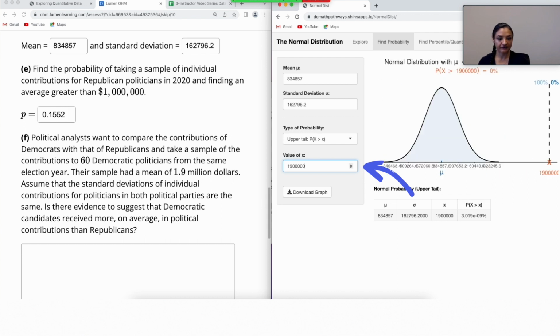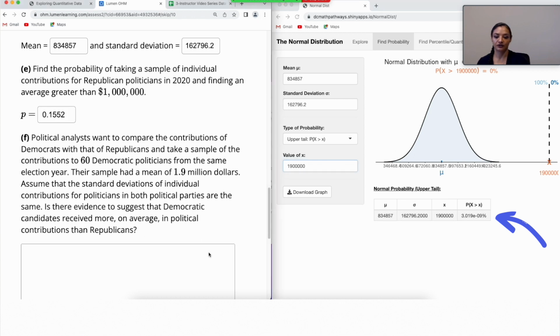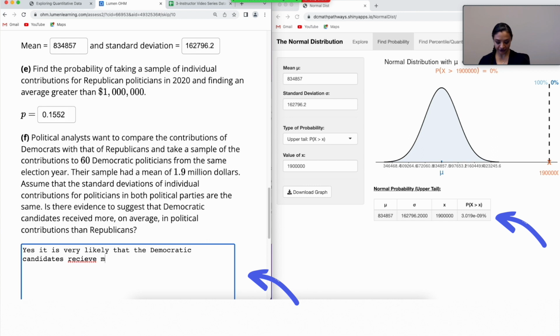Let's make sure I have enough zeros there. There we go. And sure enough, look at this. That is 0. So yes, it is very likely that the Democratic candidates receive much higher contributions than the Republicans.